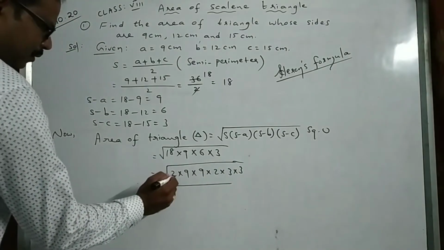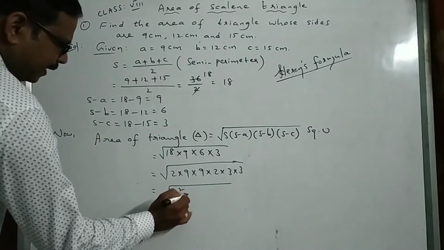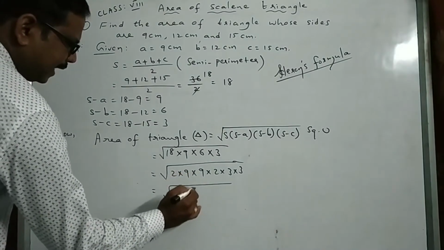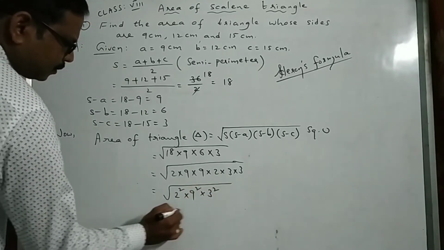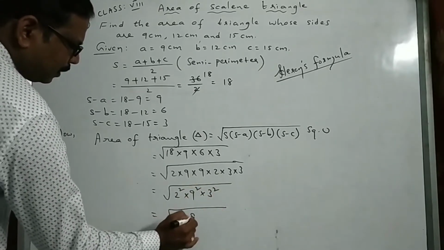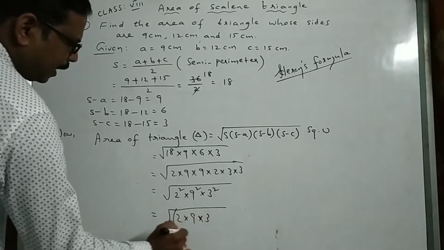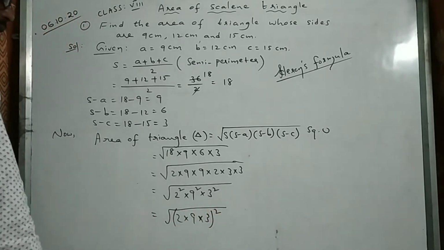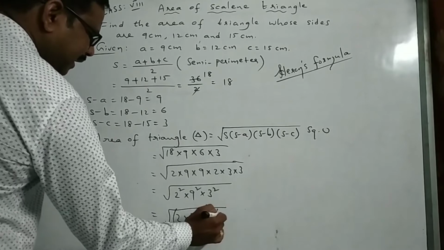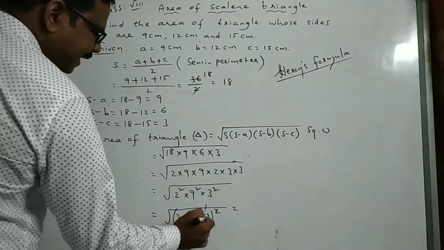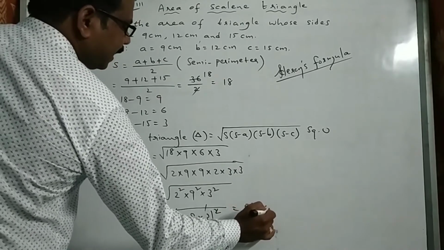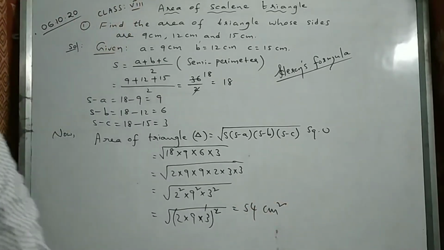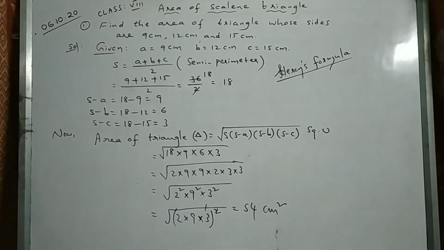Can I write 2 square? 9 can I write 9 square? 3 can I write 3 square? So I can write now 2 into 9 into 3. All are perfect squares only. So I can write whole square. Square root gets cancelled. 9 2s are 18, 18 3s are 54 square centimeter.